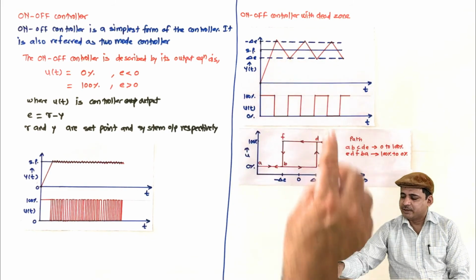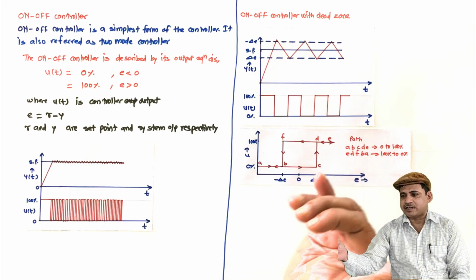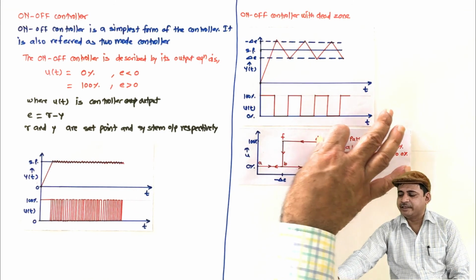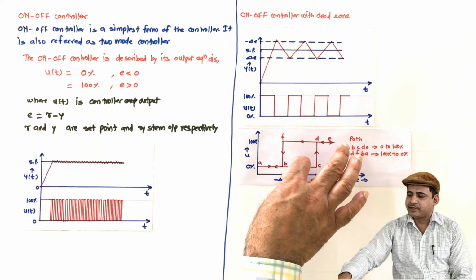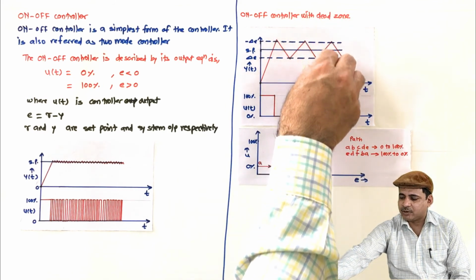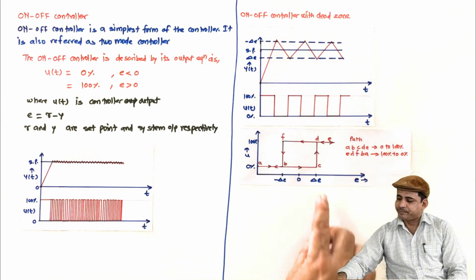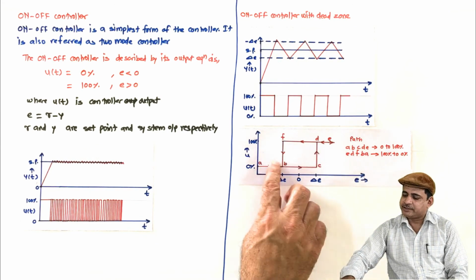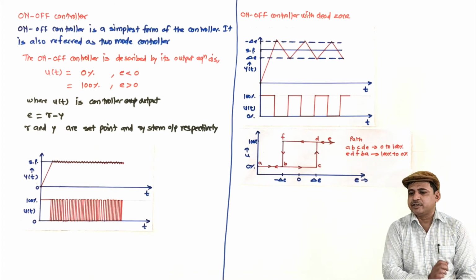Then when it is at 100, the output again starts decreasing. The controller will come back here, but now it will not switch at D, but at F, when the error becomes more negative than delta E, that is this point. So at this point the output is switched again, and this way it continues. This is the hysteresis loop of the on-off controller with dead zone.